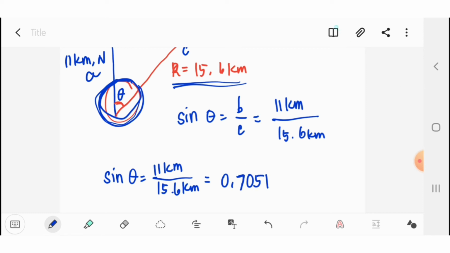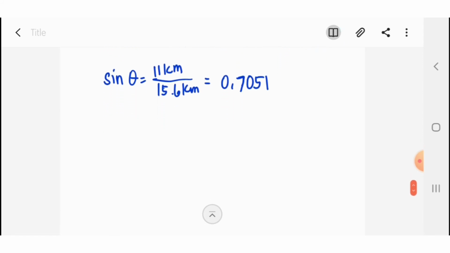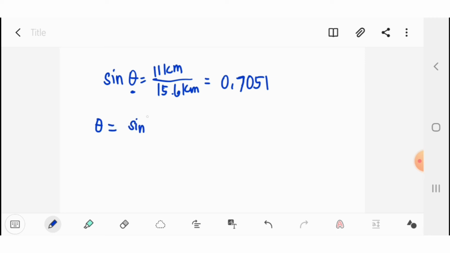Next, you are going to determine the value of theta. To get the value of theta, you have to get the inverse of sine. So theta is equal to sine inverse, that is sine to the power of -1, times this result, 0.7051.